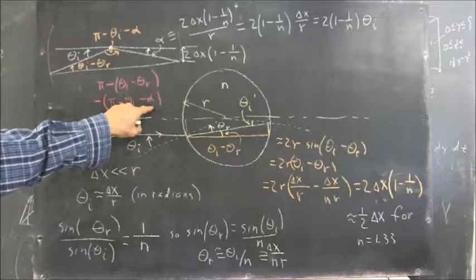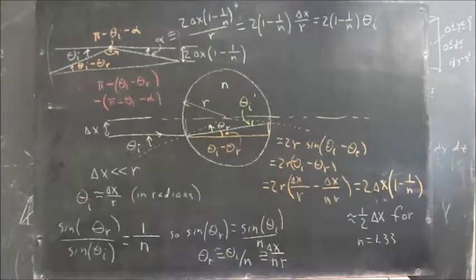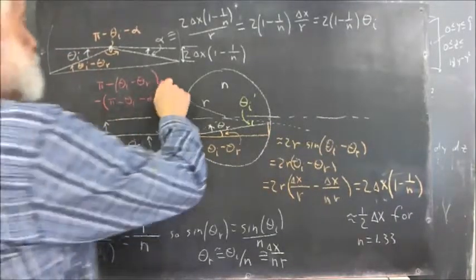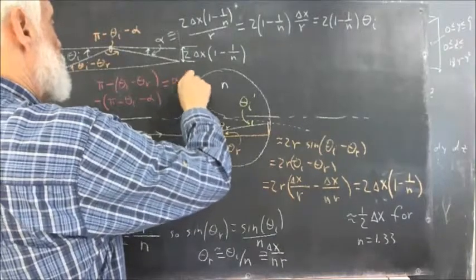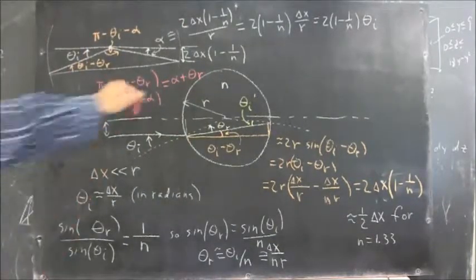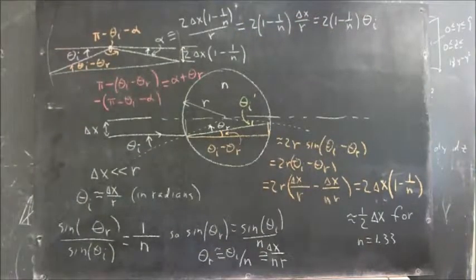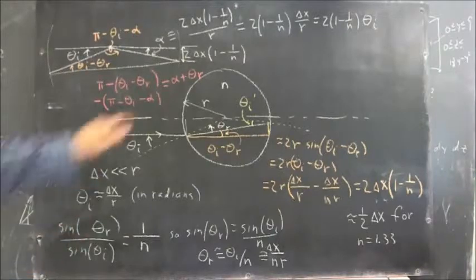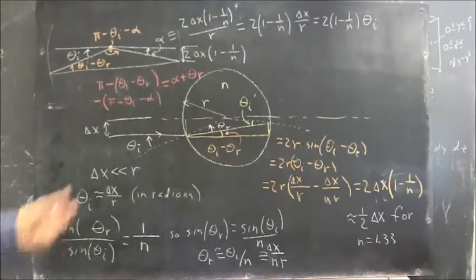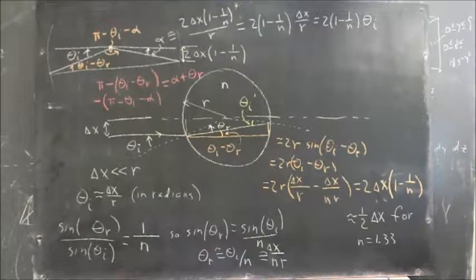But we do have an alpha here, and we got the theta r. So it's going to be theta r plus alpha. Now, alpha, of course, is 2 times 1 minus 1 over n times theta sub I, but that is the angle that we get.